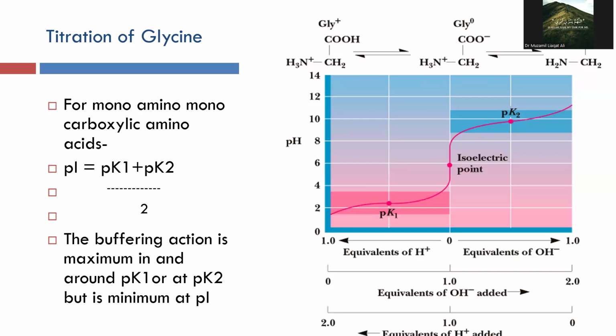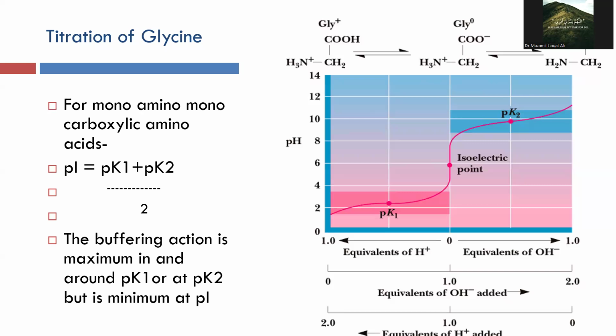Now the titration of glycine. Glycine is one of the simplest amino acids; just H is its side chain. It also follows the same isoelectric point formula, pK1 plus pK2 divided by 2. Why show glycine again?